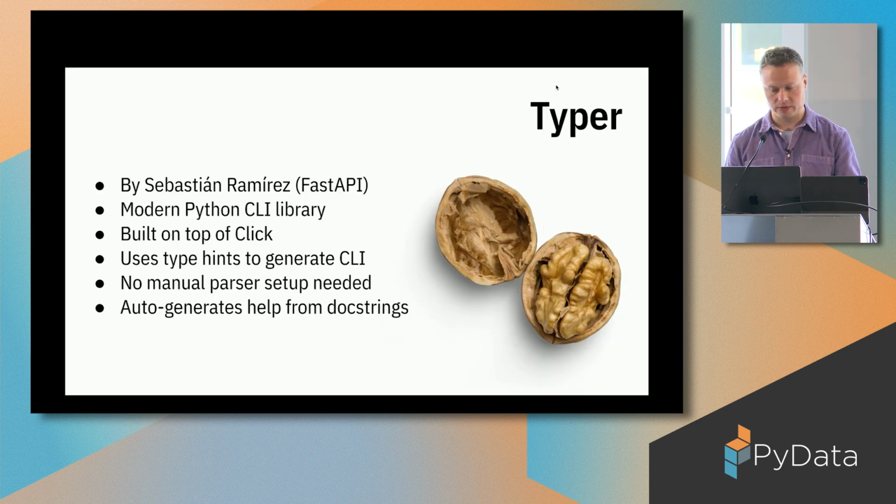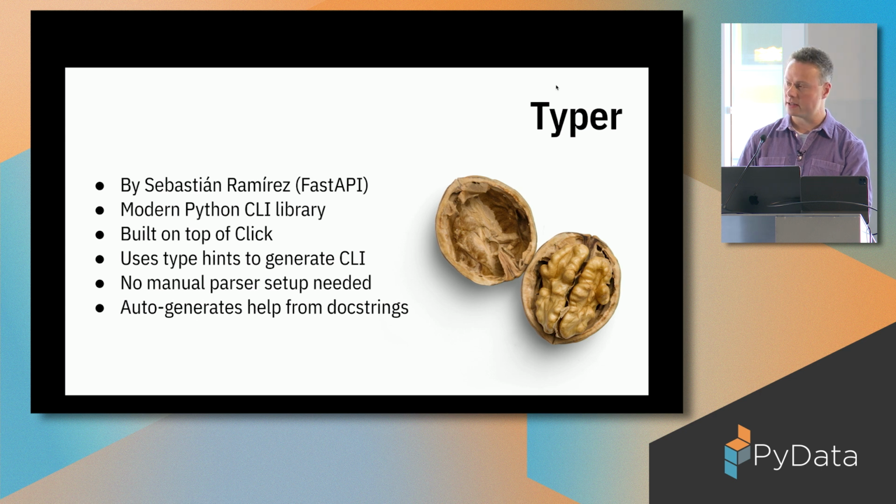which is a relatively new Python package created by Sebastian Ramirez, the person behind FastAPI. This is a very modern way of declaring your command line interface, so to speak, built on top of Click, and Click, as I told you, also uses argv under the hood.